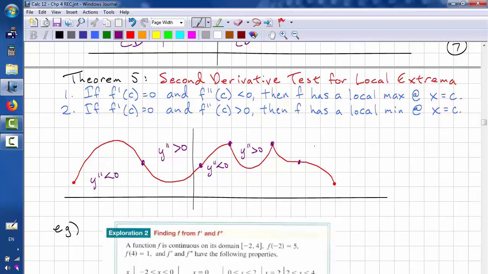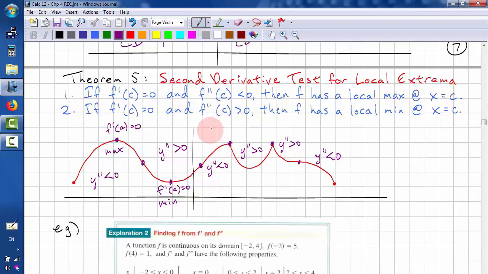Inflection point. y double prime greater than 0. y double prime less than 0. Okay, here we have f prime of c equals 0. This is a max because we have the second derivative is less than 0. Here, first derivative equals 0, and this is a min.